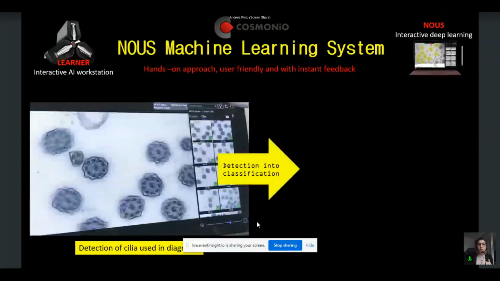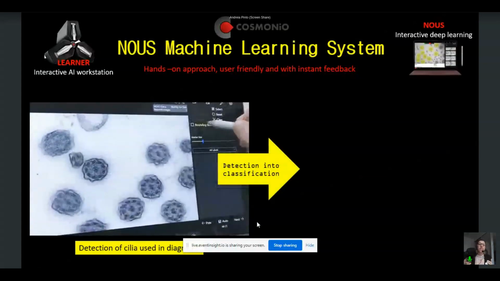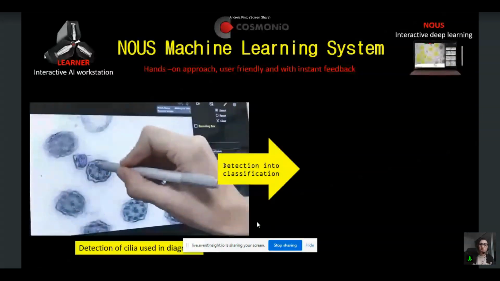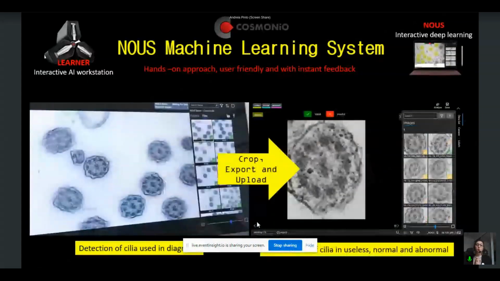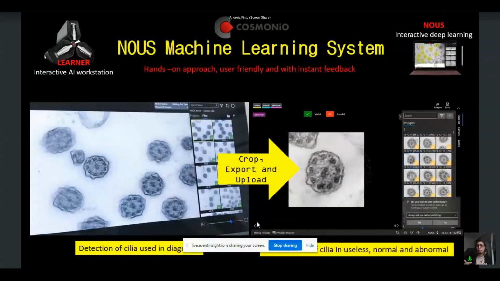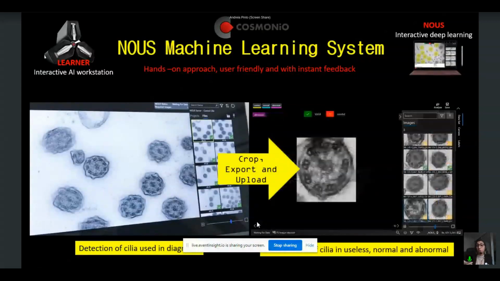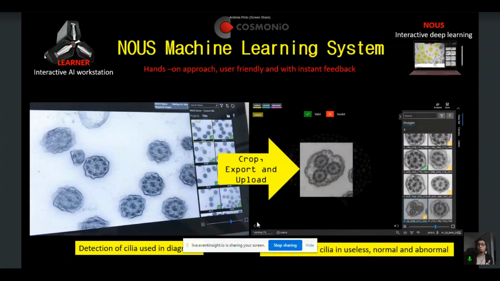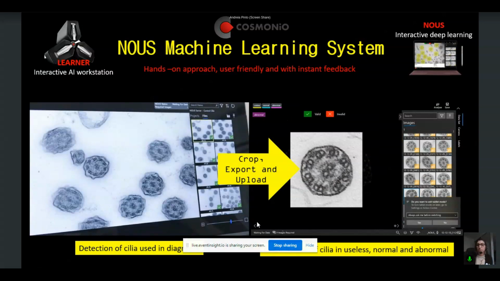So after this, we take these detected bounding boxes into a classification project. In the classification project, you will only see these crops of cilia, and they will be classified. So we train them on which label they are, whether they are abnormal, normal, or useless. And then the machine will start giving suggestions.